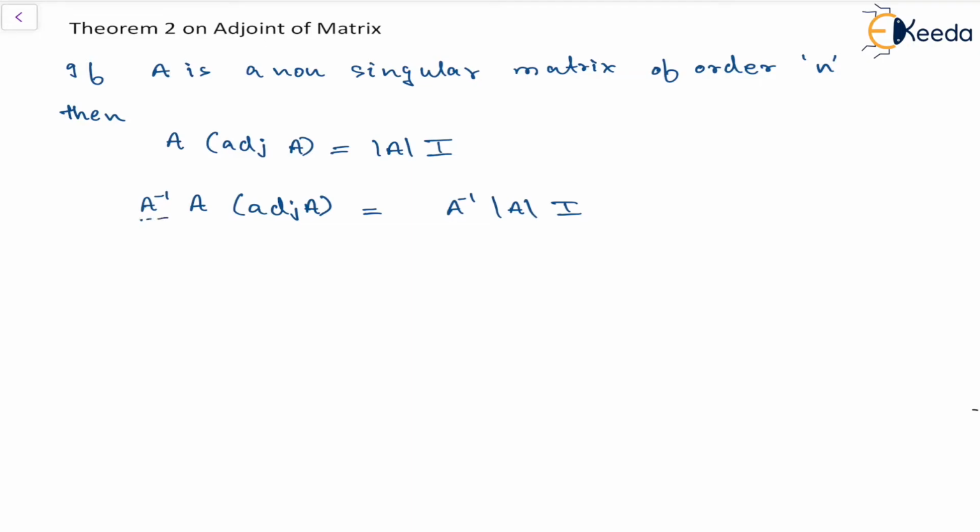So from here this will become identity matrix and we can directly write it as adjoint A equal to, now as determinant of A is a scalar, we are taking it on the other side of A inverse and writing it as determinant of A times A inverse times identity matrix. And we can see that A inverse into identity matrix will give the matrix itself. So this will become determinant of A times A inverse.